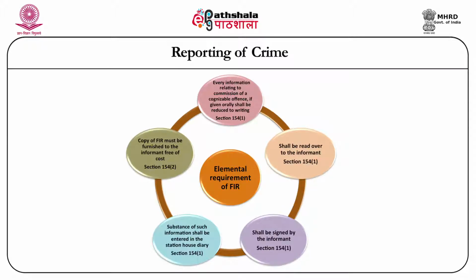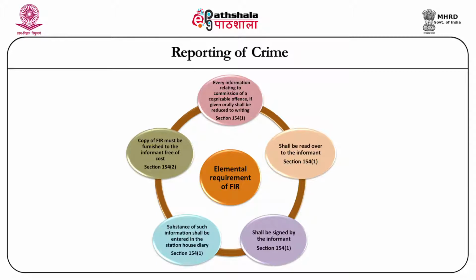So, in a given case where the informant or victim has narrated the incidents orally, it is the duty of the police officer to reduce the same in writing, and secondly, it shall be read over to the informant. Thirdly, it shall be signed by the informant, and substance of such information shall be entered in the book kept for this purpose.